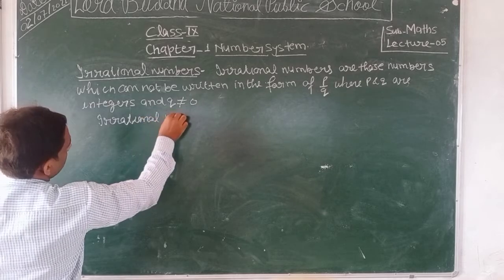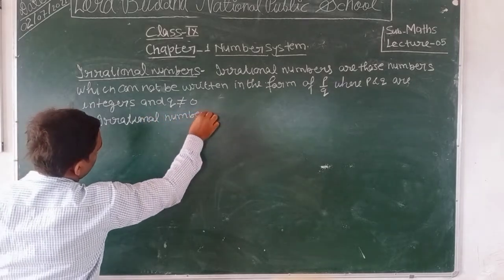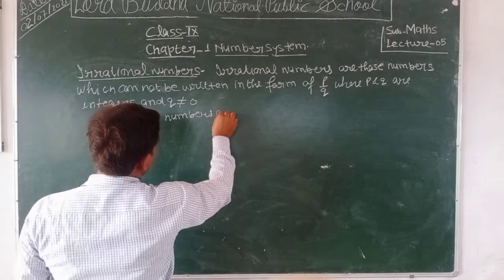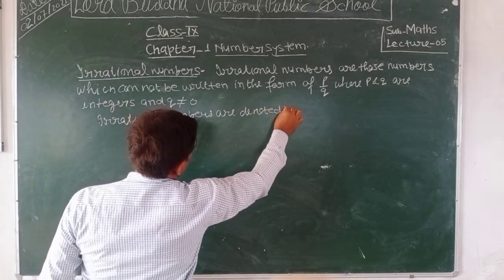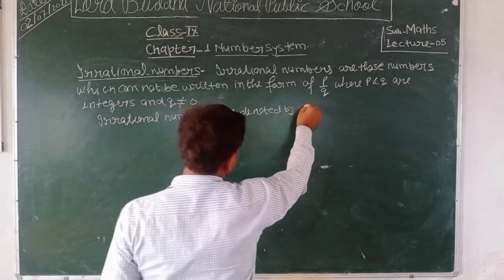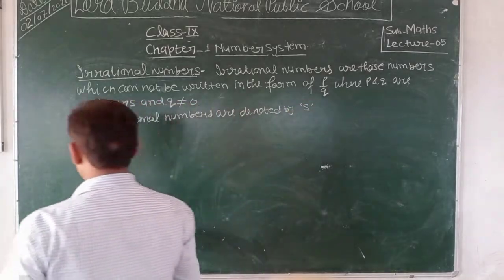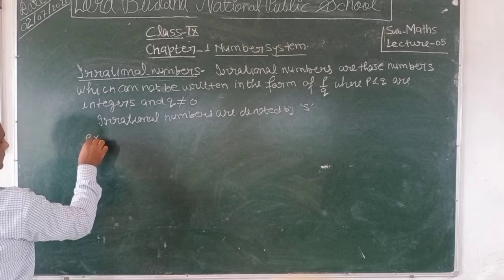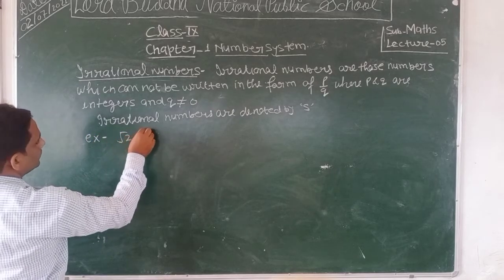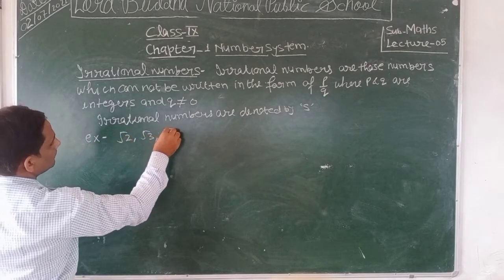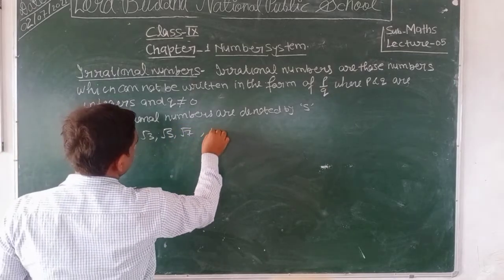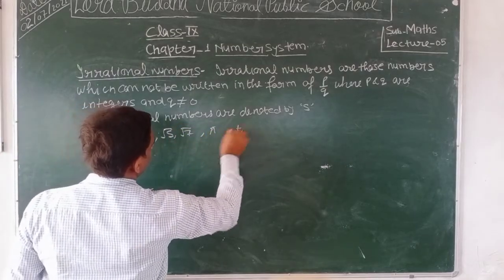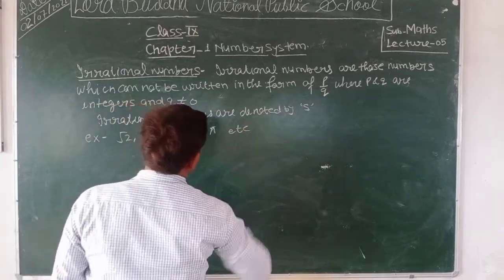Irrational numbers are denoted by S. Examples: root 2, root 3, root 5, root 7, pi, etc.